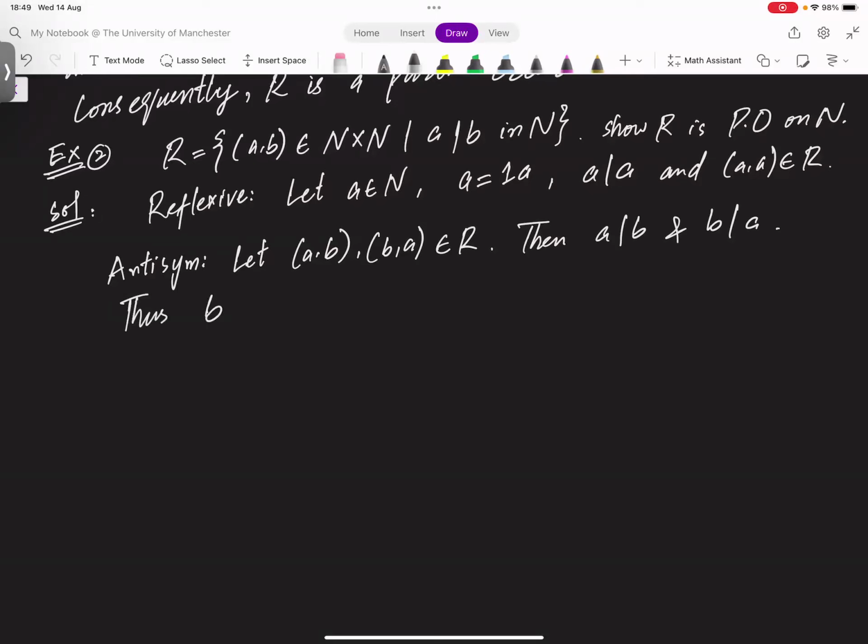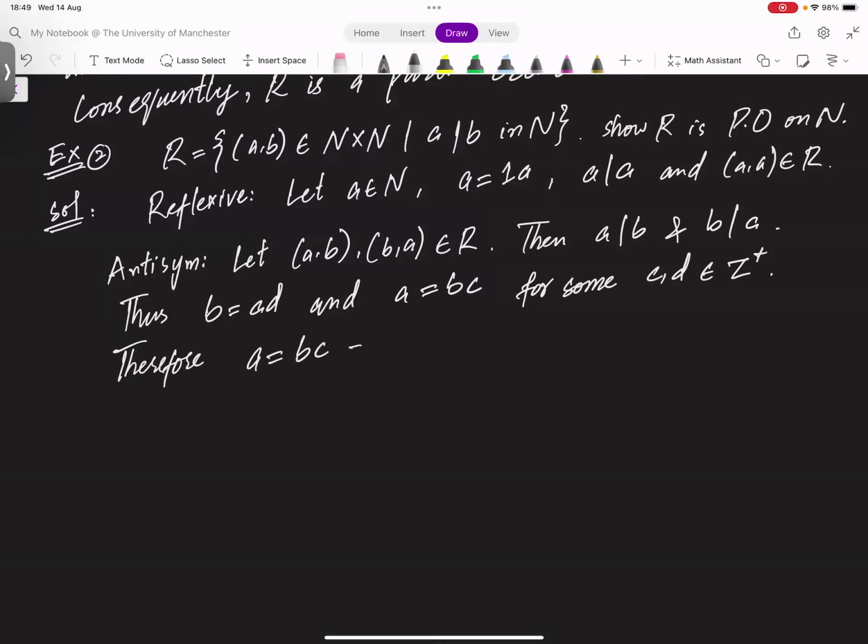Thus, b is ad and a is bc for some c, d in the positive integers. Therefore, a is bc, which is adc. And so 1 is cd.